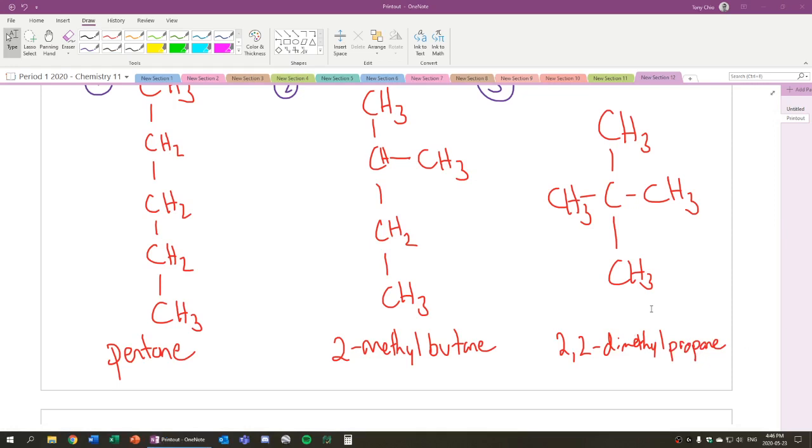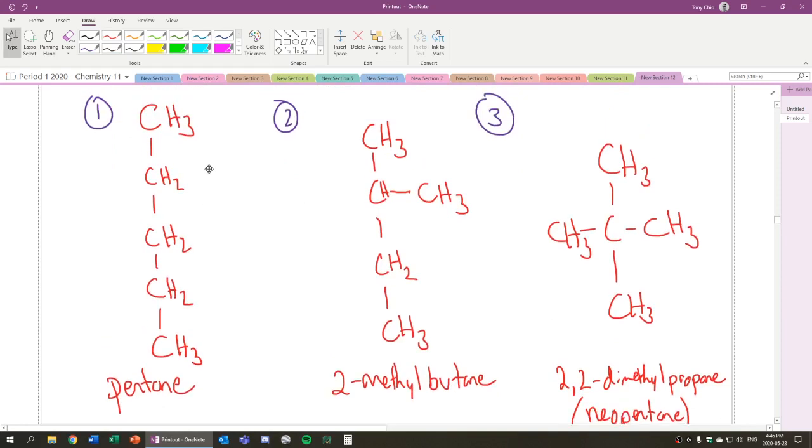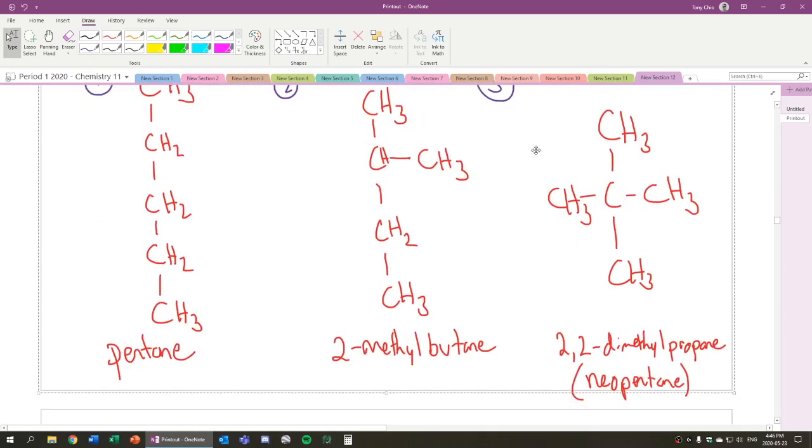Some people call this one neopentane. Alright, but these are what we call structural isomers. They are the same chemical formula, but drawn 3 different ways because of their branching. Okay.